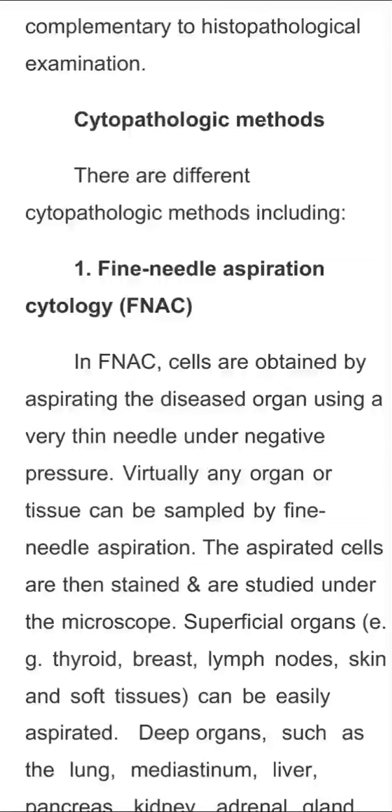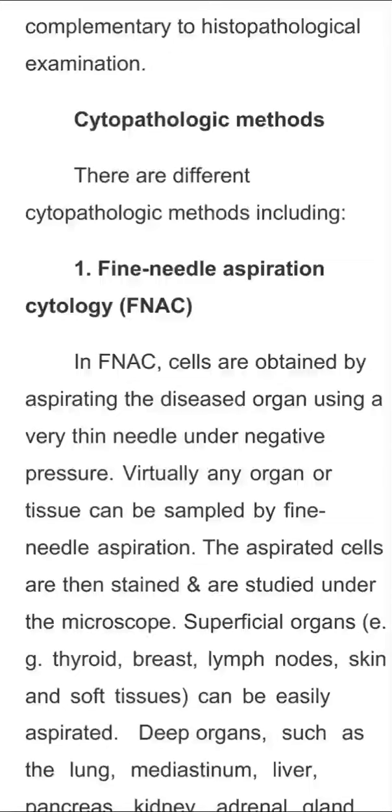Speaking about cytopathologic methods, the first one is fine needle aspiration cytology. The cells are obtained by aspirating the diseased organ using a very thin needle under negative pressure. Virtually any organ or tissue can be sampled by fine needle aspiration. The aspirated cells are then stained and studied under the microscope.